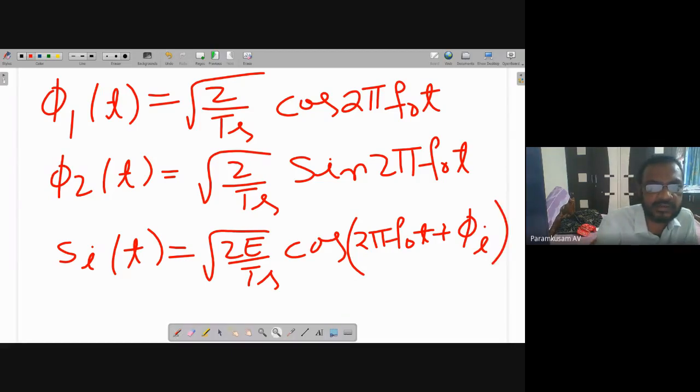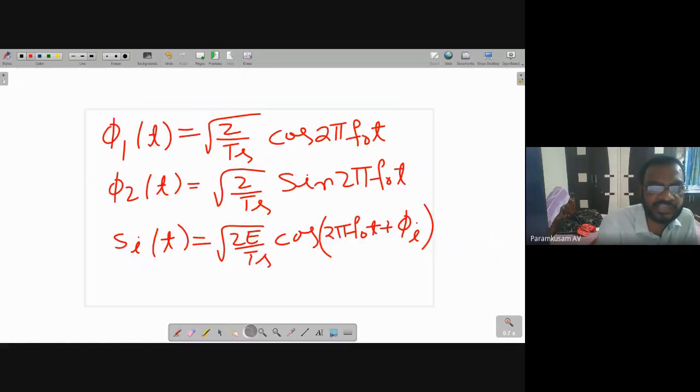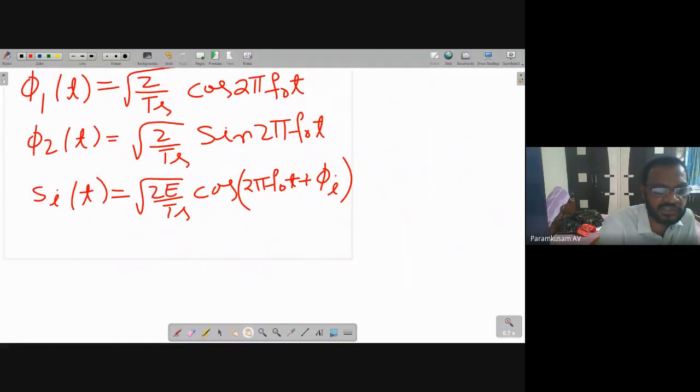The question is, can you expand this equation? This is equal to, what is cos(A plus B)? cos A cos B minus sin A sin B.